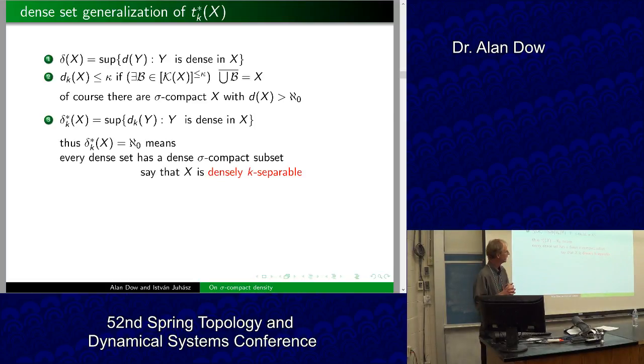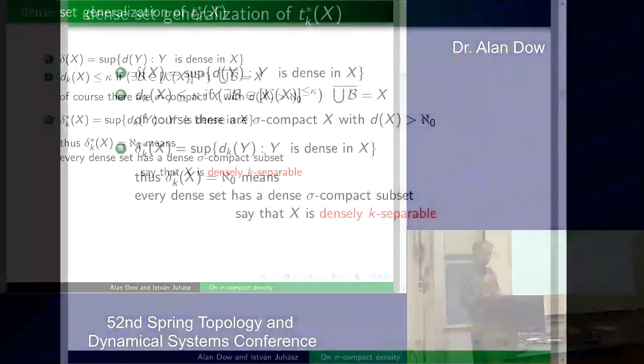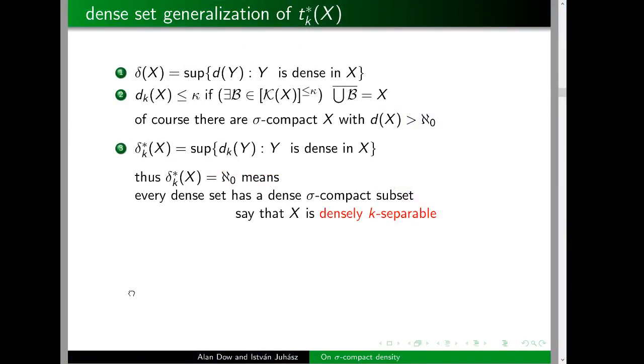So anyway, this just gives us an opportunity to define this. This is our dense set variation of T sub k. Delta sub k star is the supremum of the kappa compact densities of dense subsets.